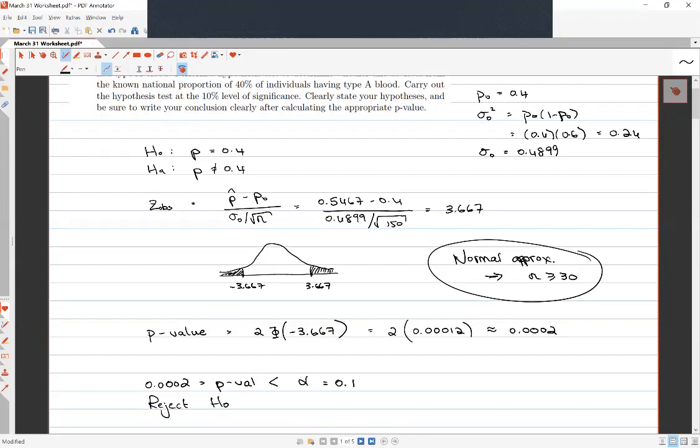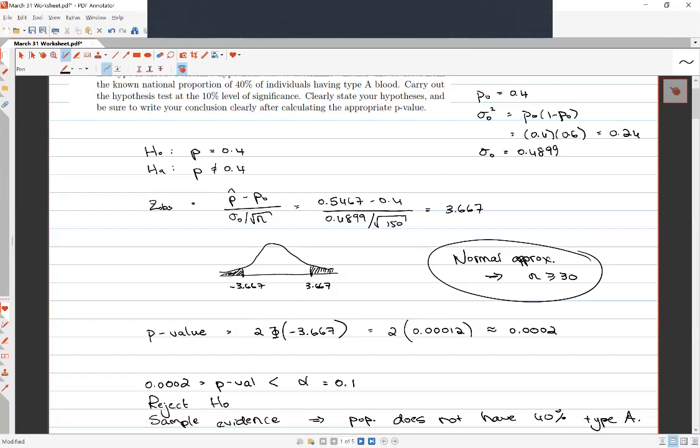If we reject the null hypothesis, then this tells us our sample evidence suggests that the population does not have 40% of people that are type A. Because the alternative is two-sided, you want to be careful not to make a statement that it's more than 40% or less than 40%, because we didn't test it in a specific direction.